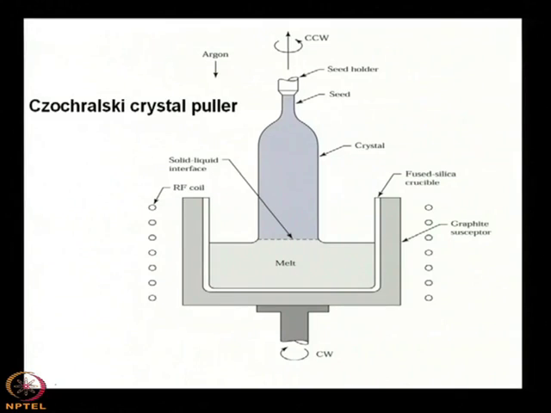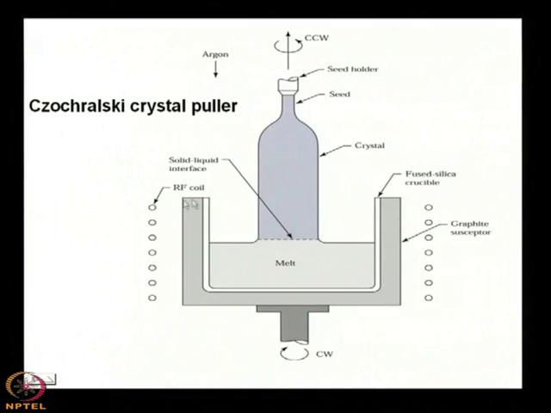It is obviously greater than 1410 degree centigrade, because the melting point of silicon is 1410 degree centigrade. So, if you want to get a melt of silicon, it must be greater than 1410 degree centigrade. So, almost 1420 degree centigrade is required, and that is a very high temperature. That is why you need a radio frequency type of source, using which it can be heated.